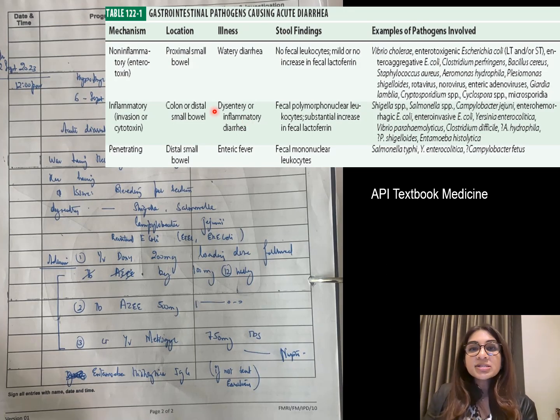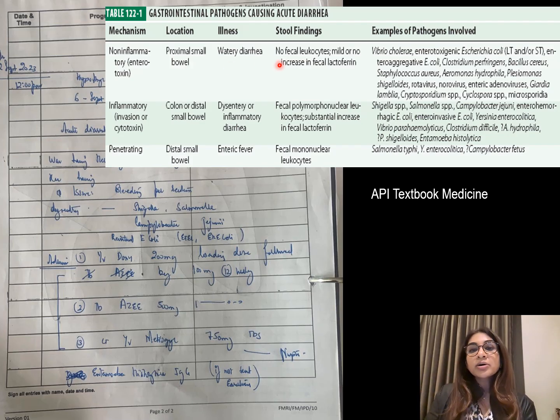So as clinicians, it's important to remember that when a patient presents with acute diarrhea, we have to differentiate whether it's a small bowel diarrhea or a large bowel diarrhea. Small bowel diarrhea will be usually non-inflammatory. It's a non-inflammatory diarrhea with large volume of stools without blood, mucus, and tenesmus.